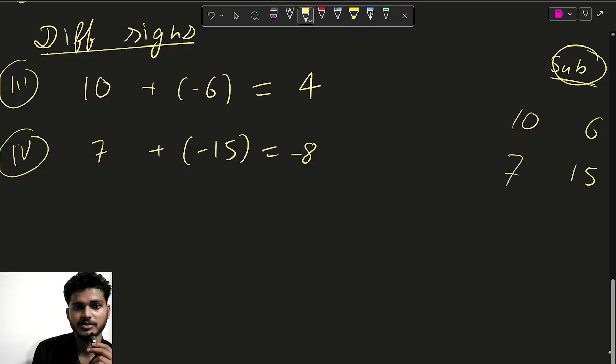What should be the sign of 8? Negative. Why? Because the absolute value of minus 15, or I can say negative 15, is higher. That is why I have to give the sign of negative 15. Okay, so that's how we add the numbers.